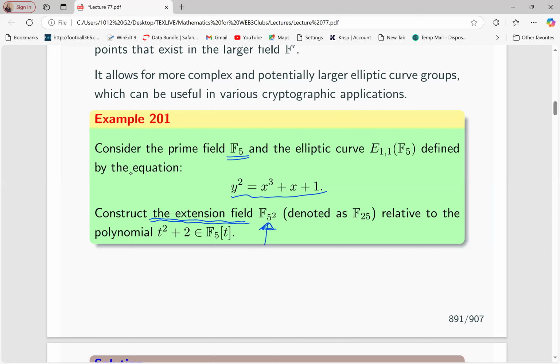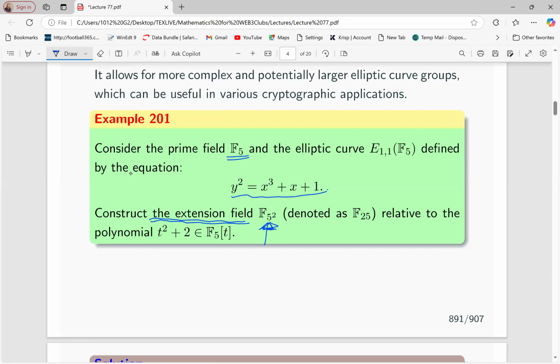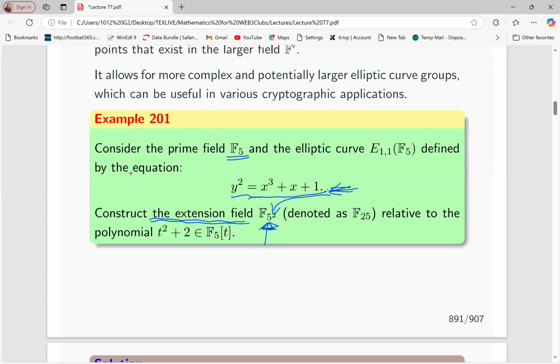The points of this elliptic curve, find the points of this elliptic curve on the new field. That's what the question is telling us. Construct the extension field F base of 5 raised to 2, which we can easily write as that.